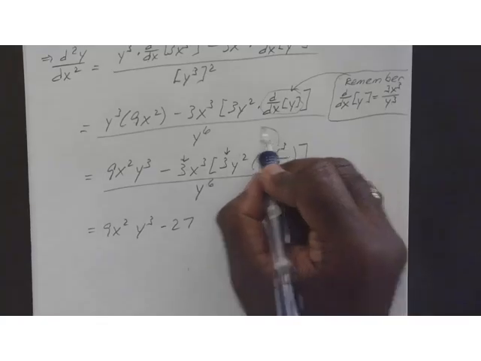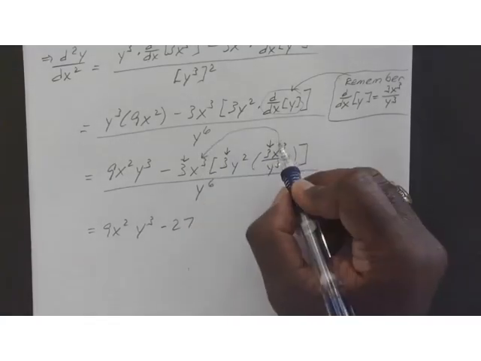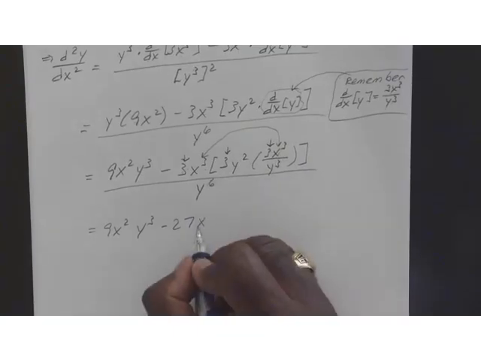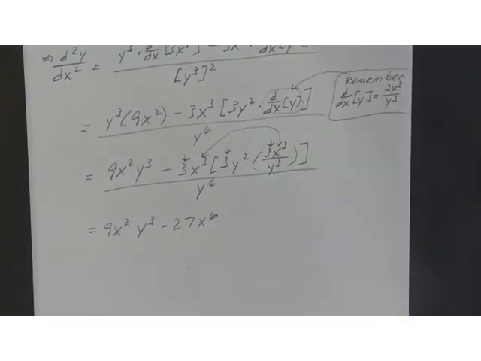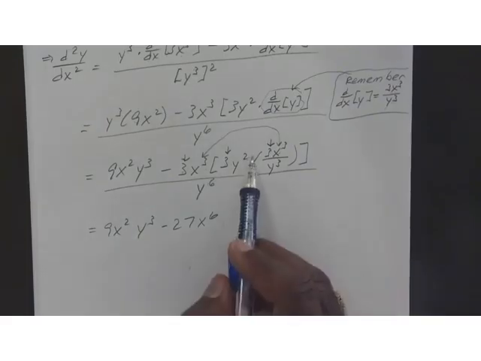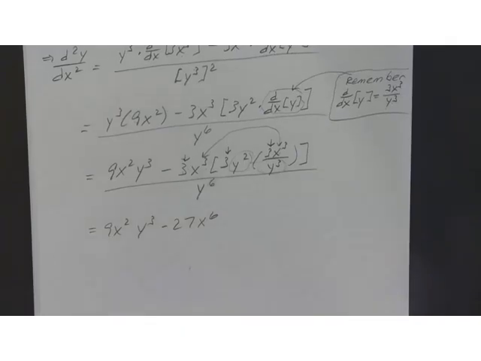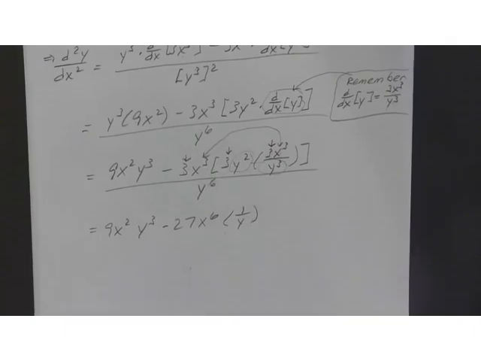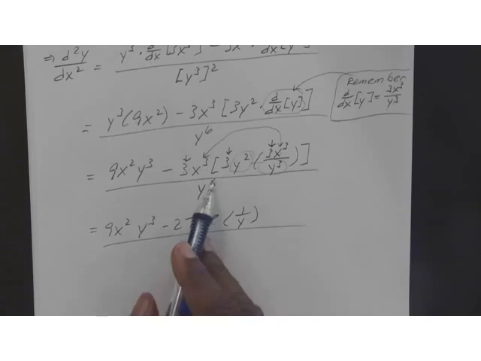And this x and this x factor, we have x to the third times x to the third, which gives us x to the sixth power. We take this y squared times 1 over y to the third power, that gives us 1 over y. Divided by y to the sixth power.